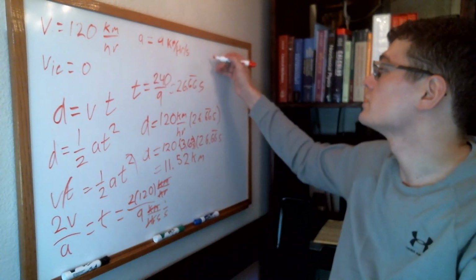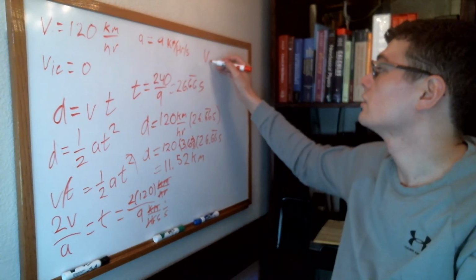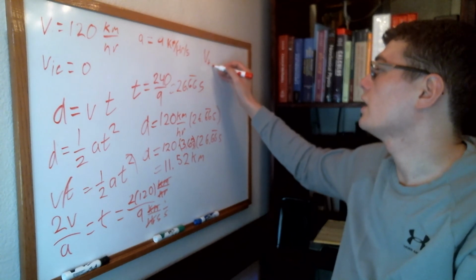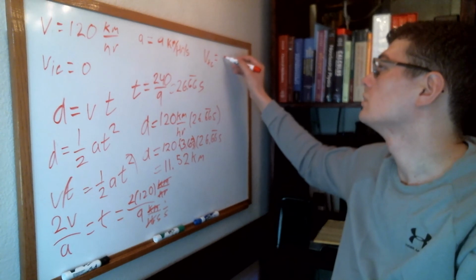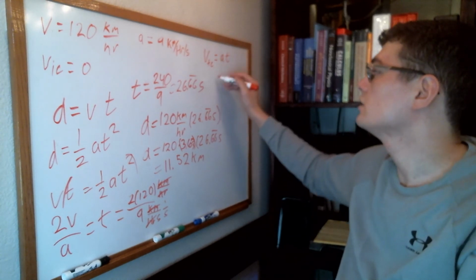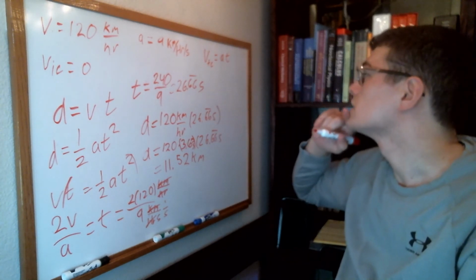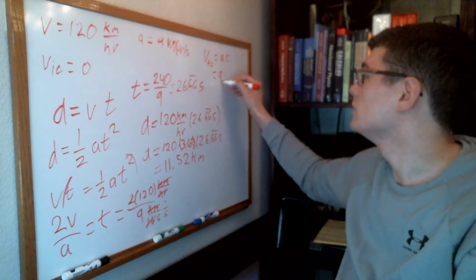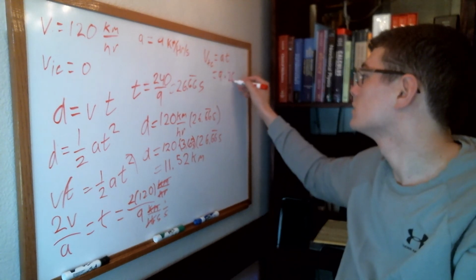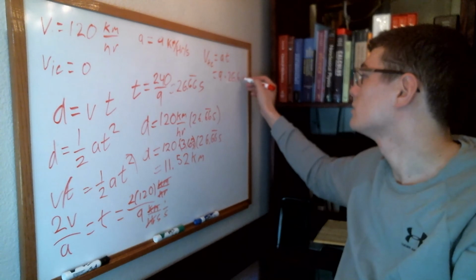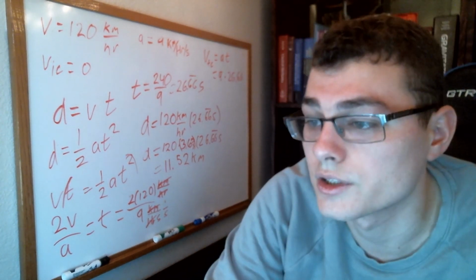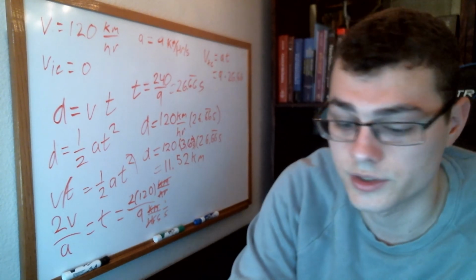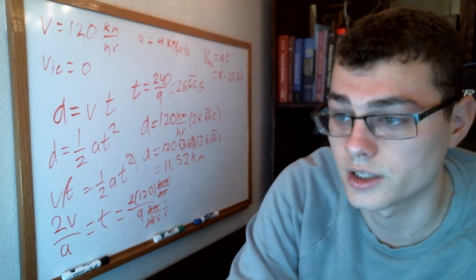So then we can say that VF of the cop is going to be equal to AT, and so then that's going to be equal to 9 times 26.66. I have a sneaking suspicion that this police officer is going to be flying down the road.